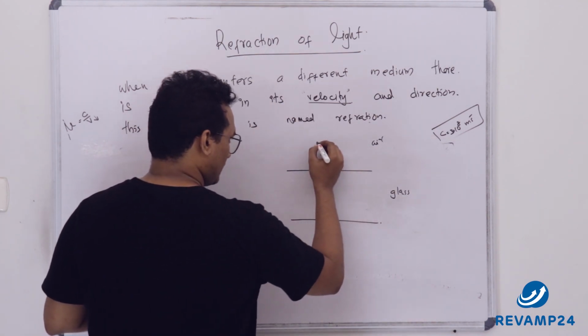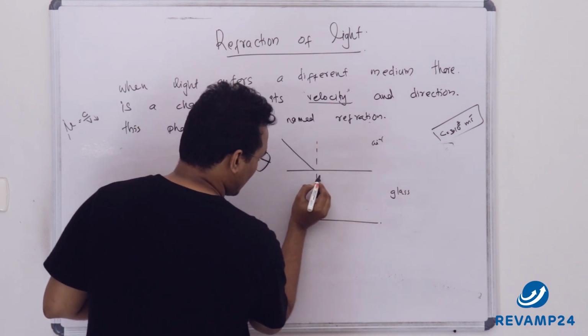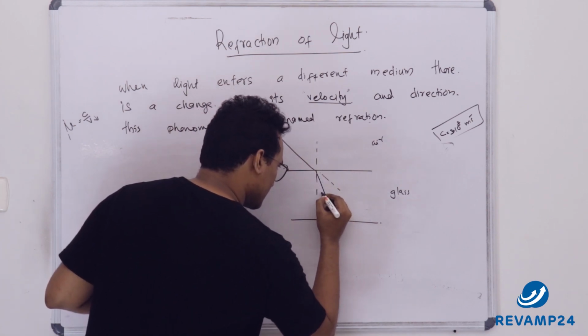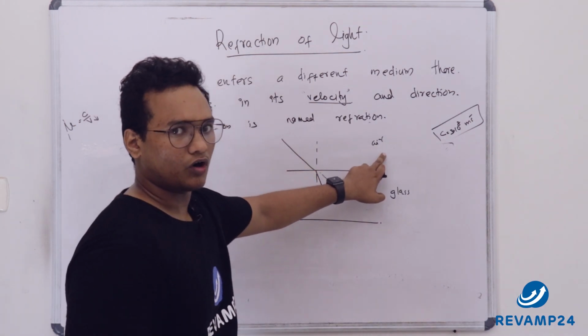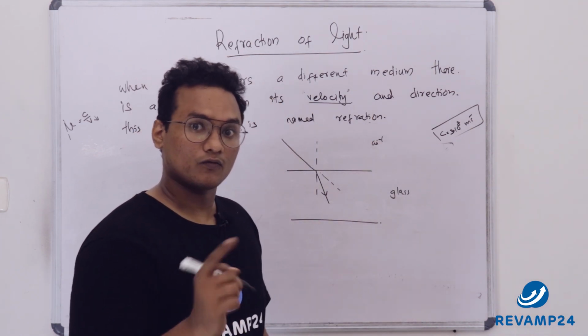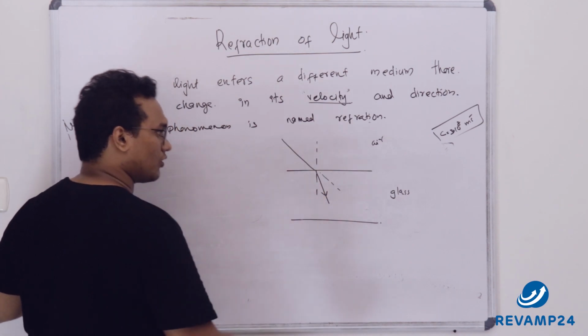This is the normal. Now if a light ray is coming in this direction, it was supposed to move in this direction, but after refraction it will move towards the normal, because air has a refractive index of almost 1 and glass has a refractive index of 1.5. This is the denser medium, so after refraction it would move towards the normal.